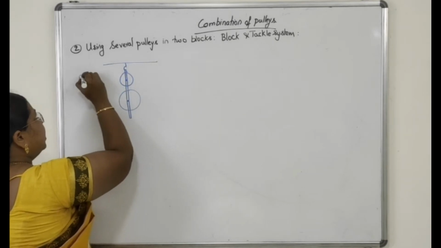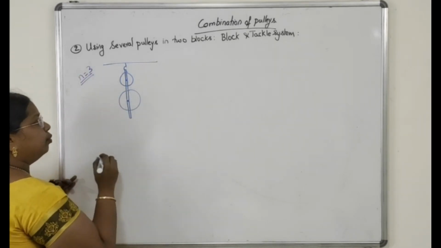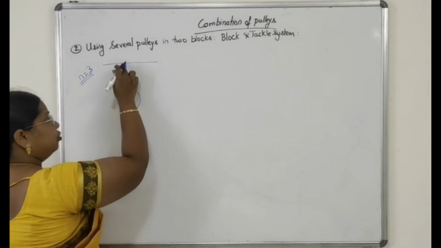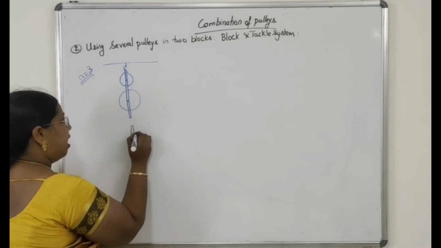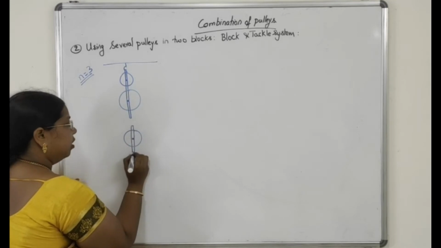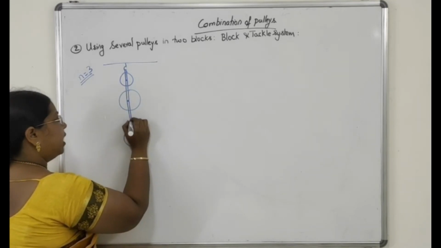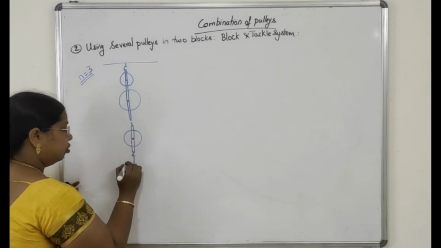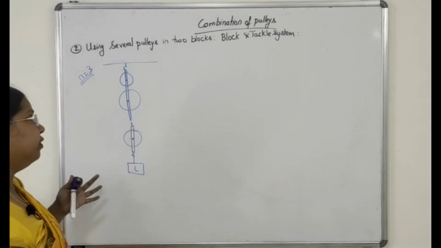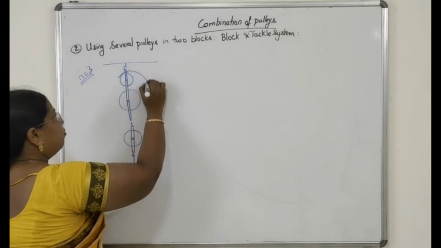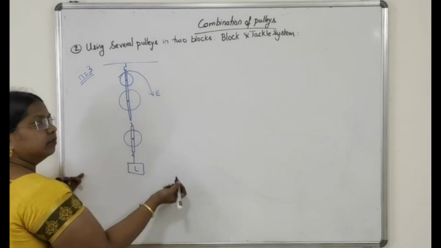So we have n equal to 3, number of pulleys. The upper block is fixed to the rigid support, and the lower block has one pulley. On either side we will have the hooks. To the lower block we will fix the load. We are using this with the effort in the downward direction.